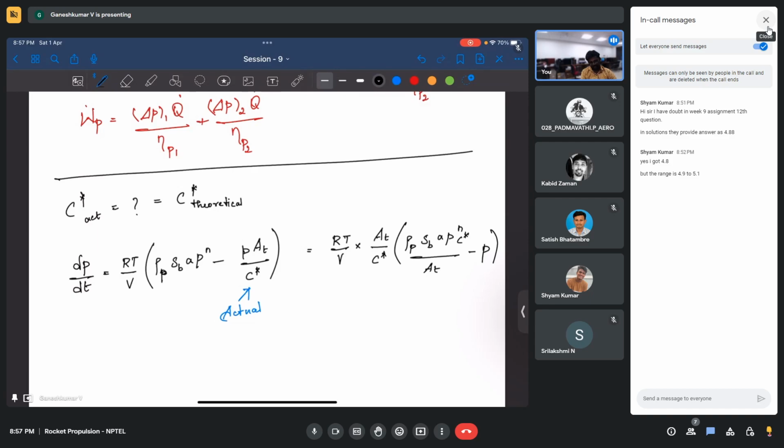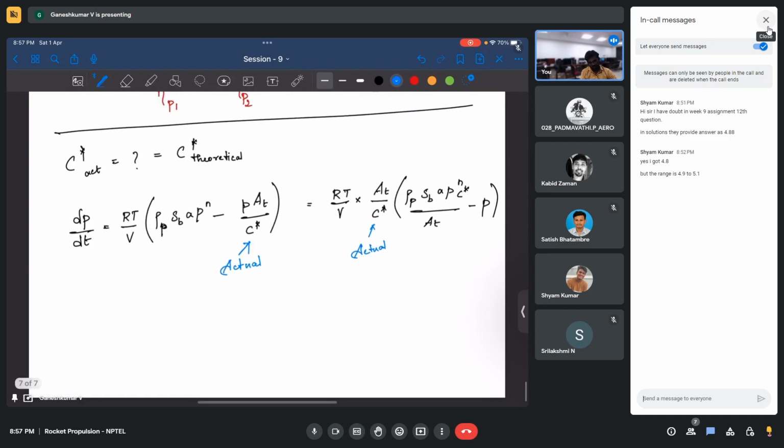So the C star is still actual. Made this V by AT, and V by AT is the L characteristic, correct?